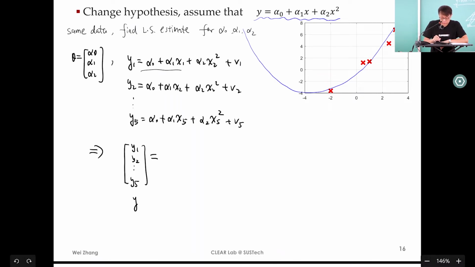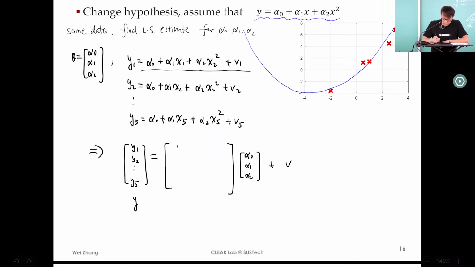What about this? I need to write it in terms of a linear mapping of theta, which is alpha 0, alpha 1, and alpha 2, plus v. Can you tell me the first row?